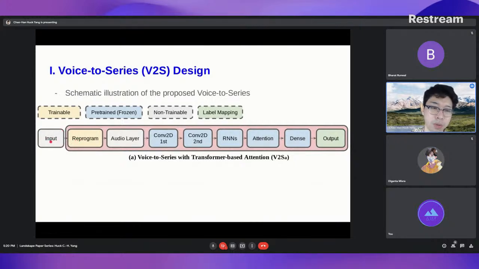The input is a signal, and usually they do signal processing, take out the acoustic features, and then use these features for training. That makes a challenge for this reprogramming process because we require end-to-end model training. That means this DSP process should also be included in the model for gradient propagation.